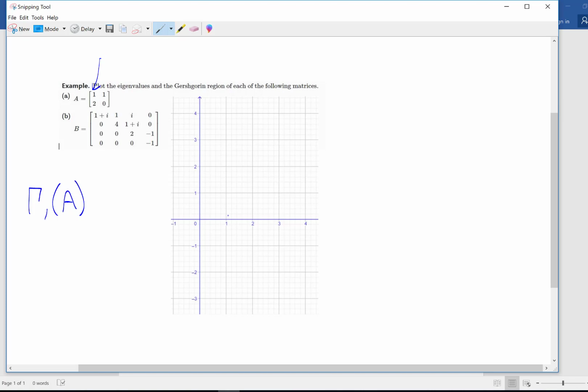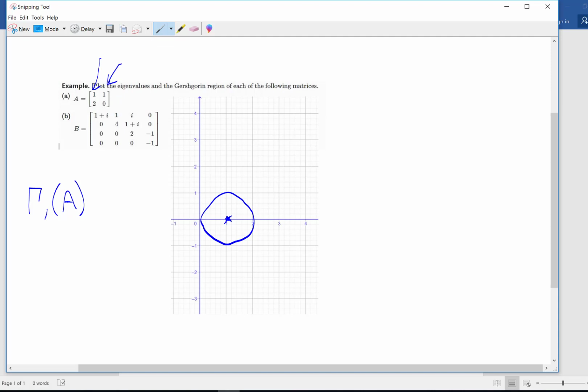So there is a center of the disk at 1. And the radius of the first disk is also 1. And so my Gershgorin disk is a circle of radius 1 centered at 1. That's not too hard. Let me get a different color for gamma 2. Why don't we use red?